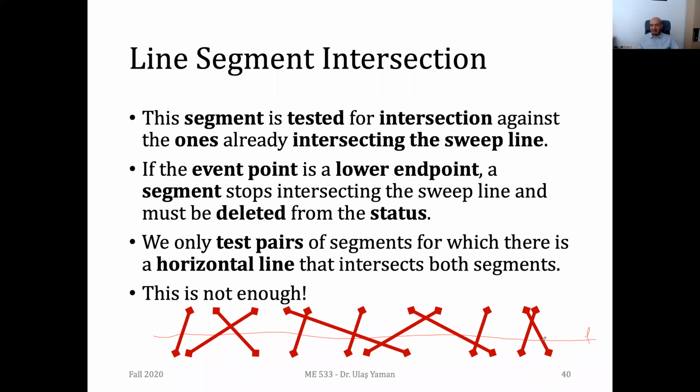So if you have a new line segment, let's say that this is an event point, an upper end point, and a new line segment goes into our status data structure, or the status of the sweeping line is updated.